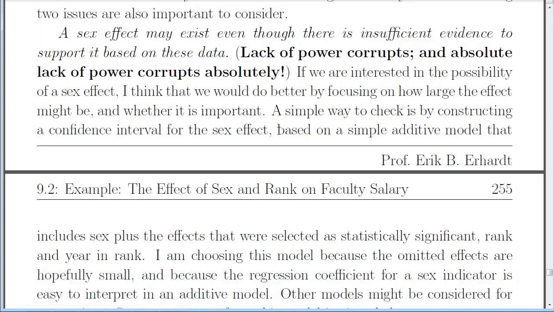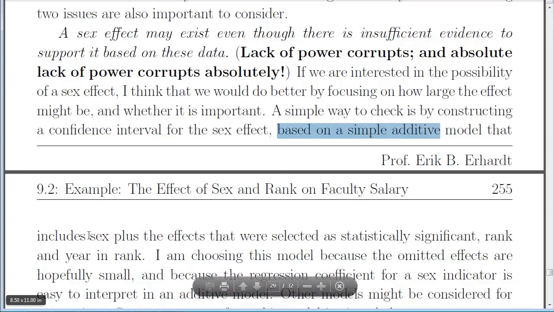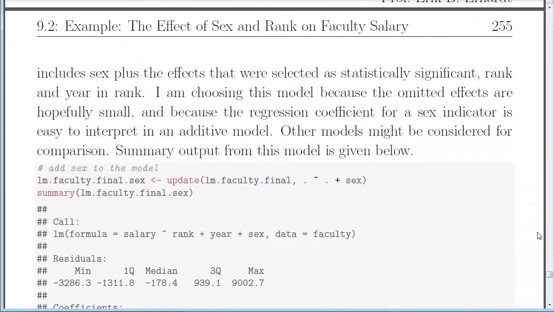So let's start with the simple additive model that we have and include sex with those other variables. I'm choosing this model because omitted effects are hopefully small, and because the regression coefficient for the sex indicator is easy to interpret in the additive model.